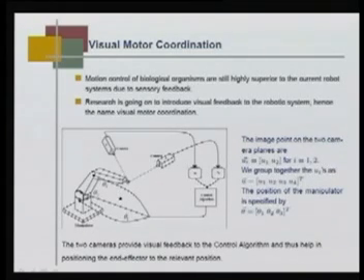For example, this is my target point T and this is my end effector point P. P should match T by proper coordination of theta 1, theta 2, theta 3, which has to be actuated such that the end effector finally comes to T, and this coordination takes place through visual feedback.